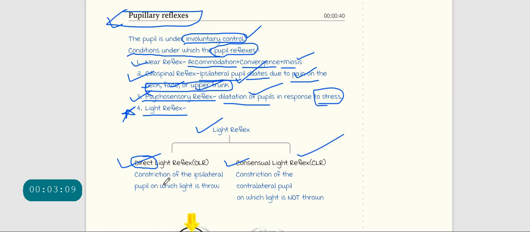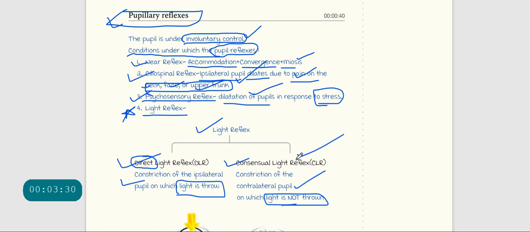So here you are throwing the light on the eye, and here you are not throwing the light on the eye, yet the pupil is constricting. Constriction of the pupil with light or without light: this is the direct light reflex and the consensual light reflex.